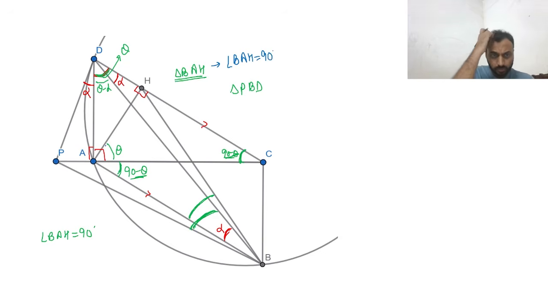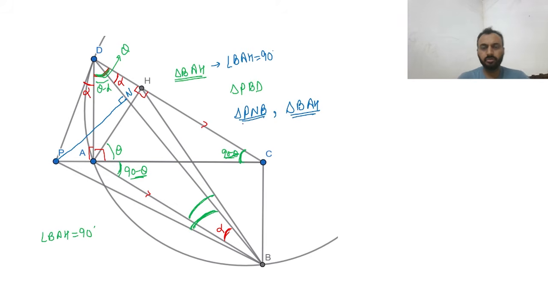So I try to make a perpendicular from P on this line BD, and let's say this point is N. So I constructed a right angle triangle PNB, and another triangle is BAH.